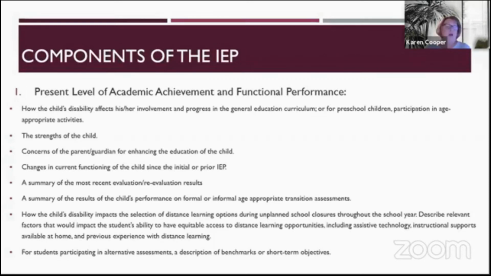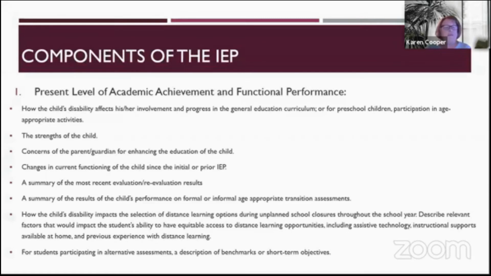And then here's the new part of the IEP that DESE issued guidance on. We're adding more information into the present level of how the child's disability impacts the selection of distance learning options during unplanned school closures throughout the school year.